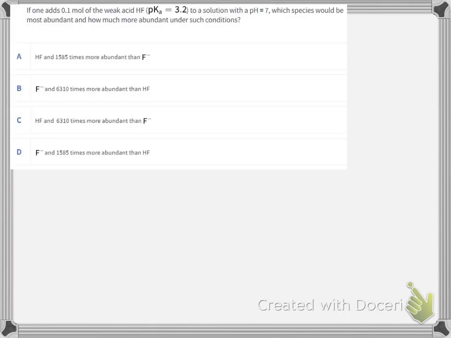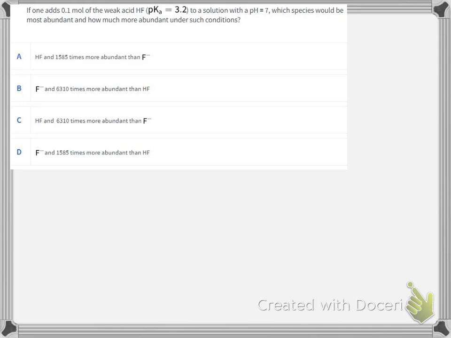Okay, so we have a problem that's similar to that. If one adds 0.1 molar of the weak acid HF to a solution with a pKa of 3.2 to a solution with a pH equals 7, which species will be most abundant, right?